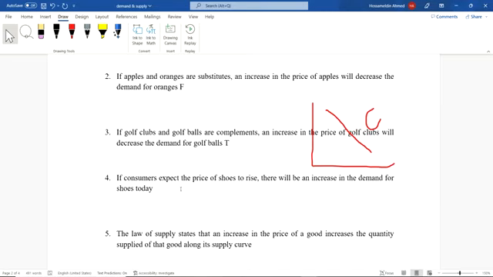Whenever you expect the prices to increase, you increase your demand for now. And if you expect the prices to go down, you shall postpone your purchasing process in order to get a lower price tomorrow or in the future. So number 4 is totally right.